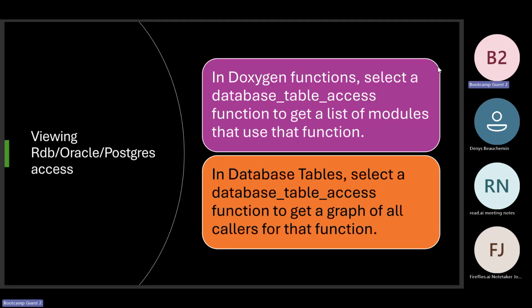Okay, so in Doxygen functions, for each table in each database, we create a specific access function. So there'll be database A, table A, underscore select, underscore delete, underscore update, underscore fetch, and underscore insert.